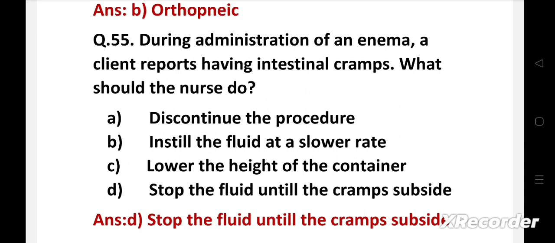Temporary clamping of the tubing usually relieves the cramps and the procedure can be continued. Slowing the rate decreases pressure but does not reduce it entirely. If we lower the height of the container, this will reduce the flow of the solution, which will decrease pressure but not reduce it entirely.